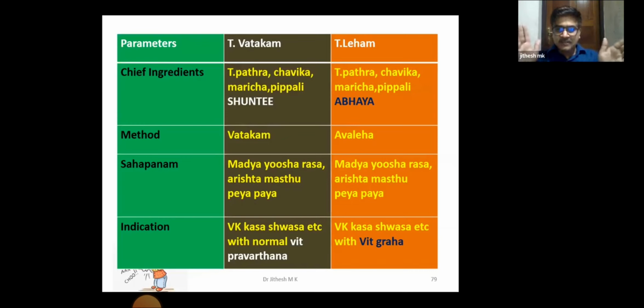It is Vata Kapha. Only for the patient with Vata Kapha predominant Kasa Shwasa do you give that, and that too with normal Vit Pravartana. Because it has a tendency to reduce the excessive grahya jalamsha from the koshta, and that produces vidbandha. At the same time, because of the replacement of Shunti with Abhaya, the Talisapatradi Lehya becomes Vit Pravartaka.